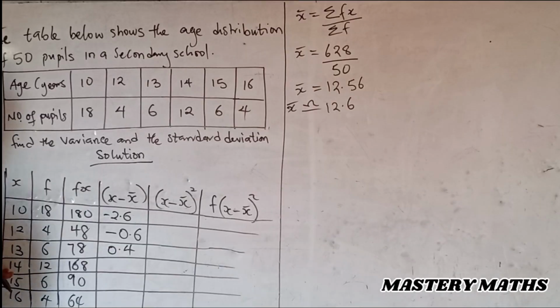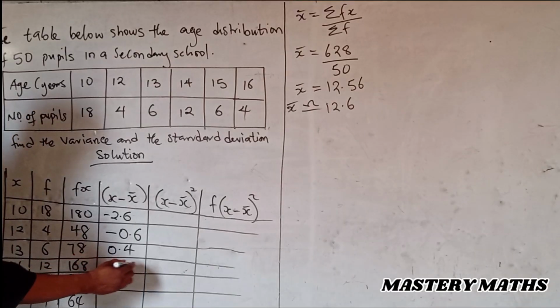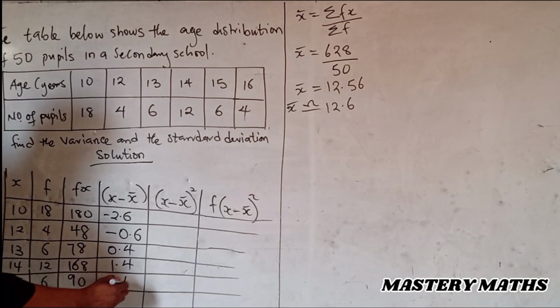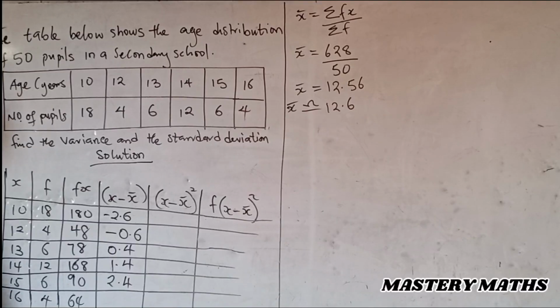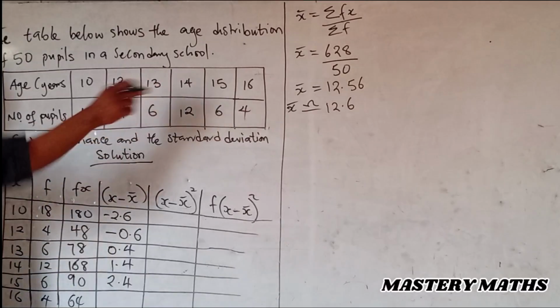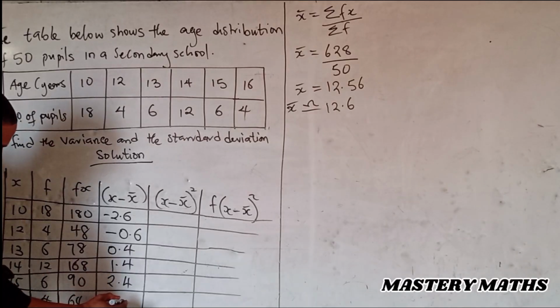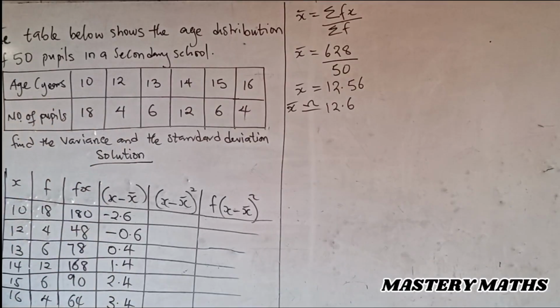Our value is 14. 14 minus 12.6 will give us 1.4. The next one is 15 minus 12.6, which will give us 2.4. Now what is the last value there? The last value is 16. 16 minus 12.6 will give us 3.4. We are done with this table.